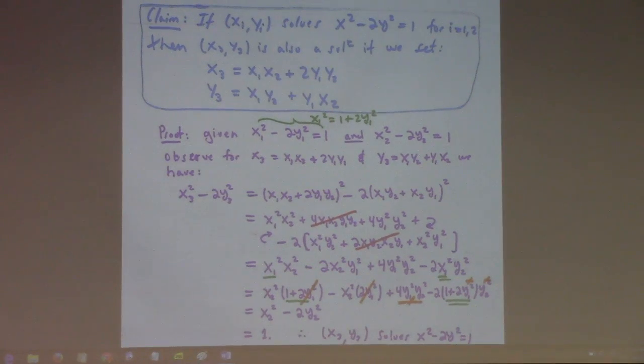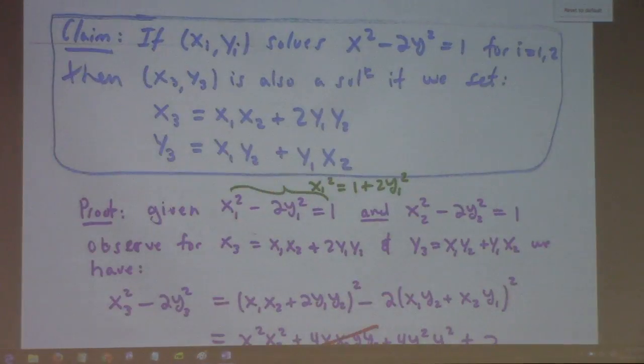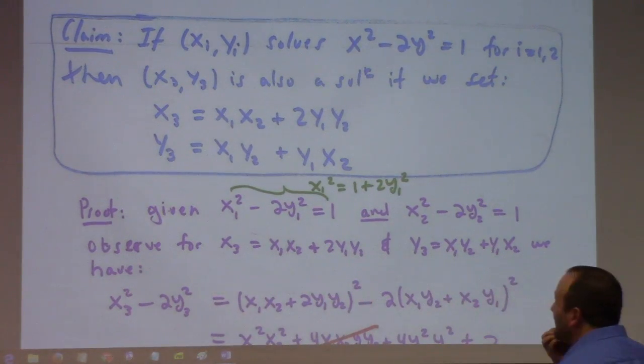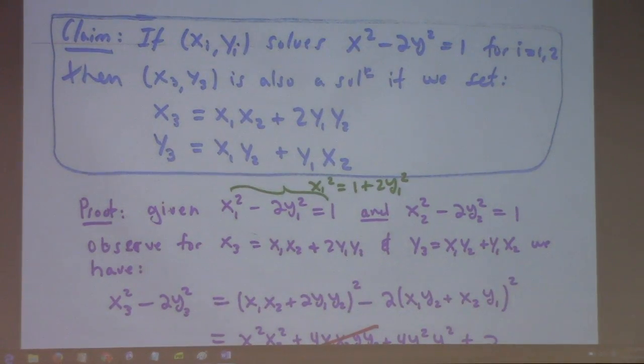Claim. If x_i, y_i solves, and I'm just looking at Pell's equation with n equals 2 for a second here, but there's really nothing special about it. You could replace the 2 with an n here, and this calculation goes through just the same.